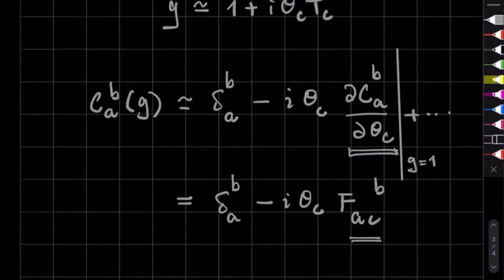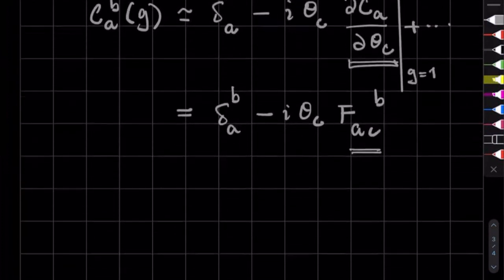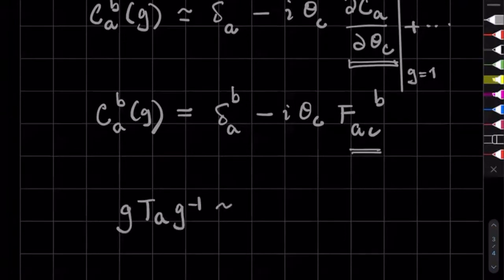So now we have C_AB of G to be this thing. On the other hand, if I take the equation g T_A g inverse for small values of the parameters, this is equal to T tilde of A, right?